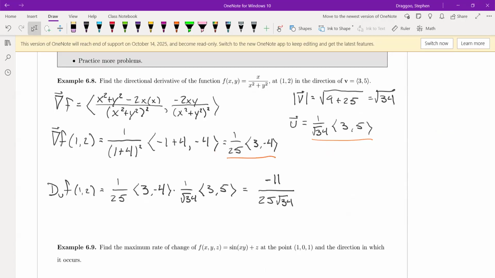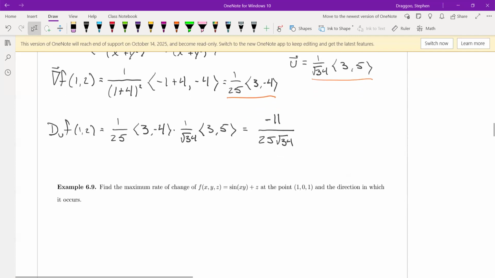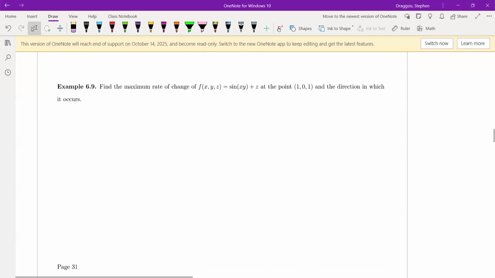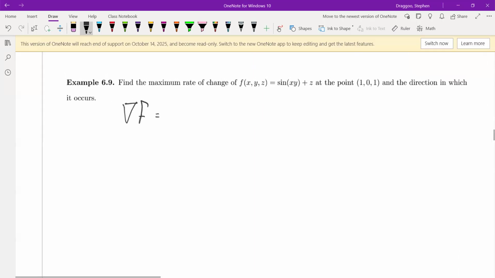So if that is our directional derivative in our first example, the next example is going to ask us to maximize some rate of change, which means that I only need the gradient this time, because the gradient will also give me my direction. So starting with the gradient, just as is.